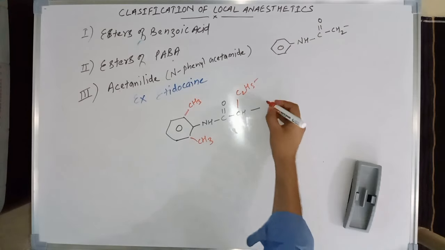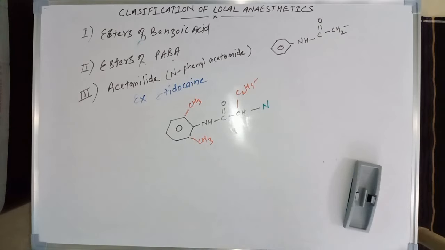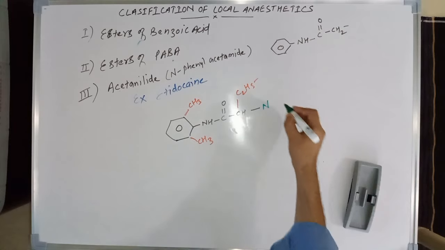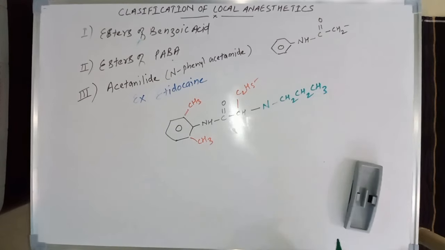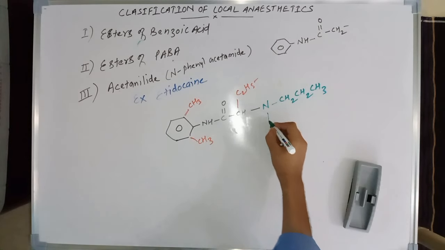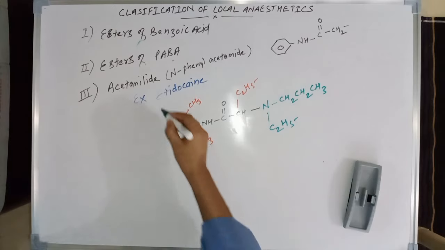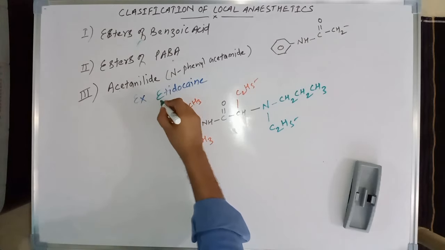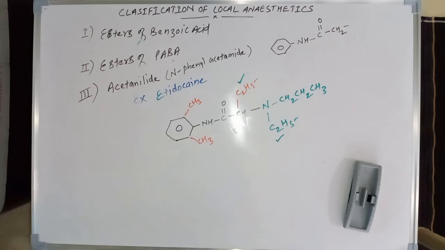Here comes your amine group, and on this amine group is present CH2 CH3, meaning a propyl chain, and here comes your C2H5 ethyl. So this is the structure of etidocaine. So E means nothing but ethyl, two ethyl groups. That's why its name is etidocaine. So here completes your class number 3.